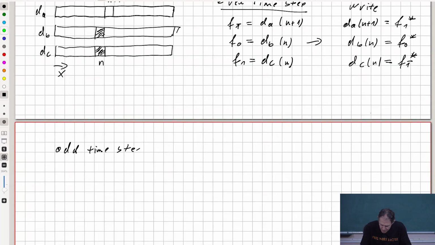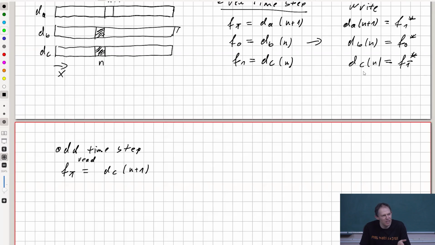Odd time step. So here's the read. Now we have to have the opposite interpretation, right? So we take F minus 1, which is of course now dC at N plus 1. So you recognize we wrote F minus 1 into dC.